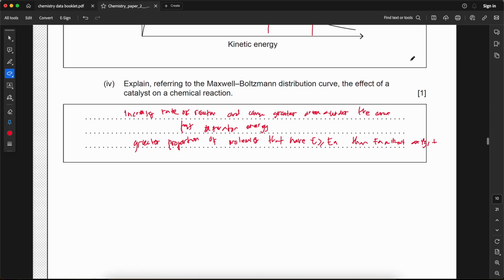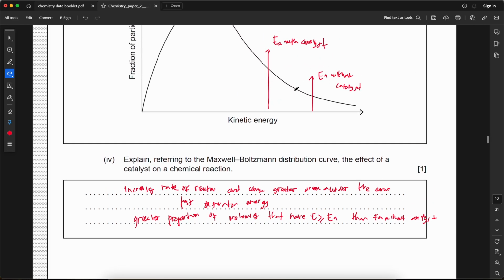Okay, it has a greater proportion than activation energy without catalysts.